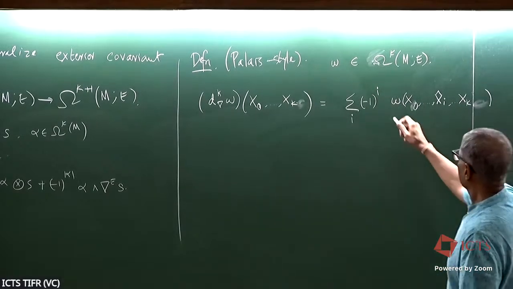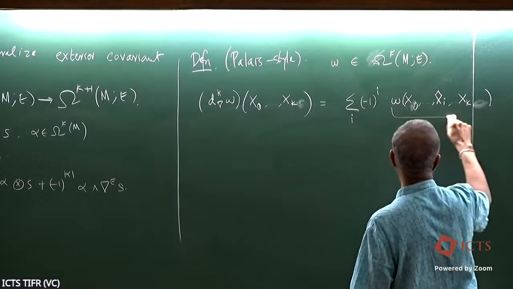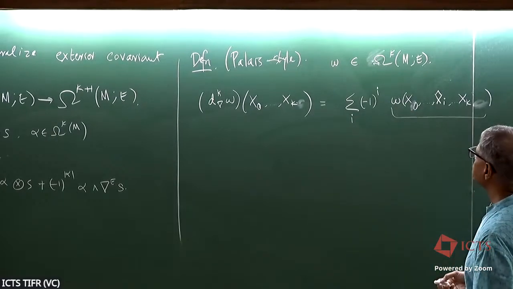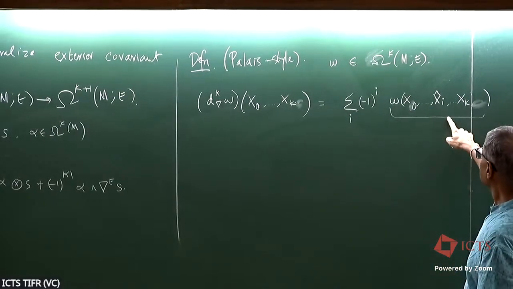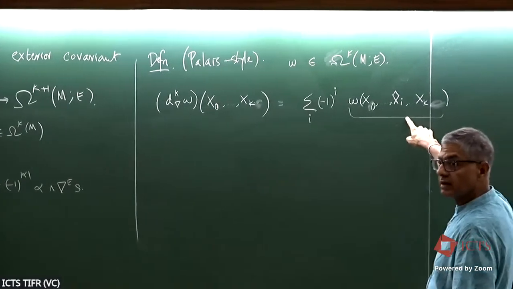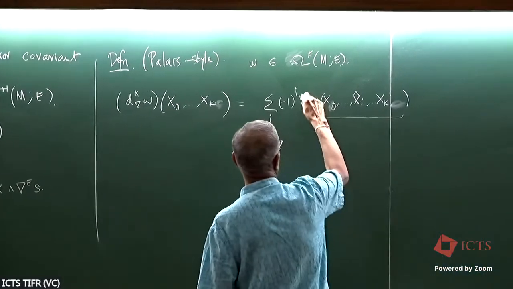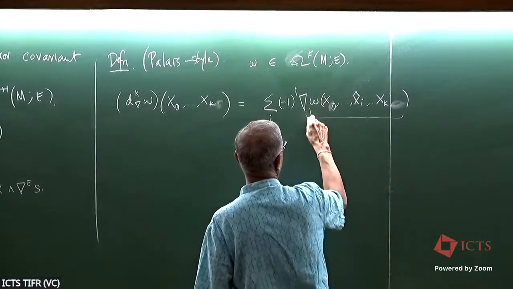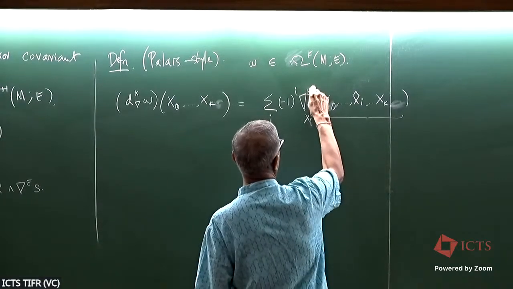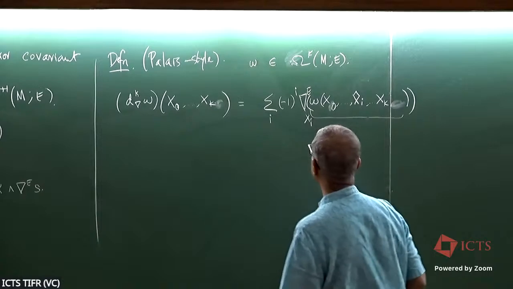So what do we do with this? Well, what is this? This is a section. So I can take a derivative. So I take the covariant derivative with respect to the missing vector field of this guy. So that's the first term.